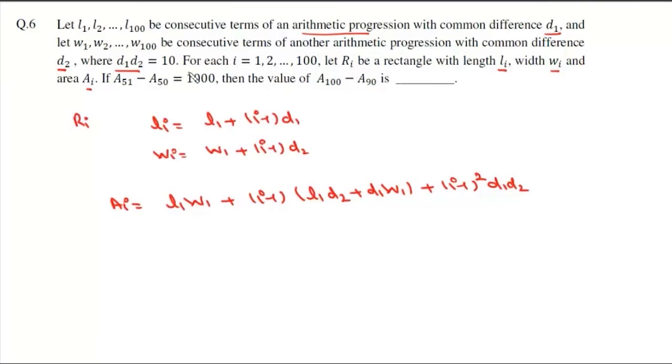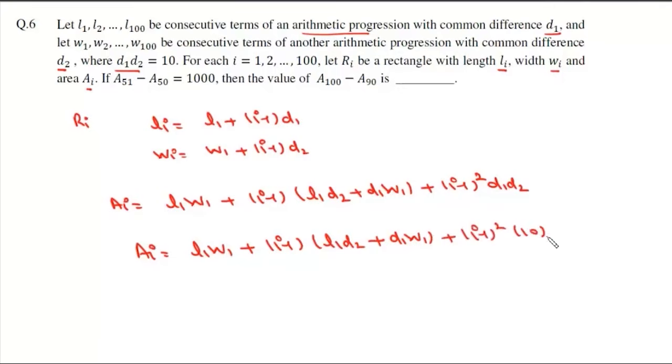Now we know that D1 D2 is 10. So we can write this Ai as L1 W1 plus (i minus 1) L1 D2 plus D1 W1 plus (i minus 1) whole square into 10. Now first we are given that A51 minus A50 is 1000.